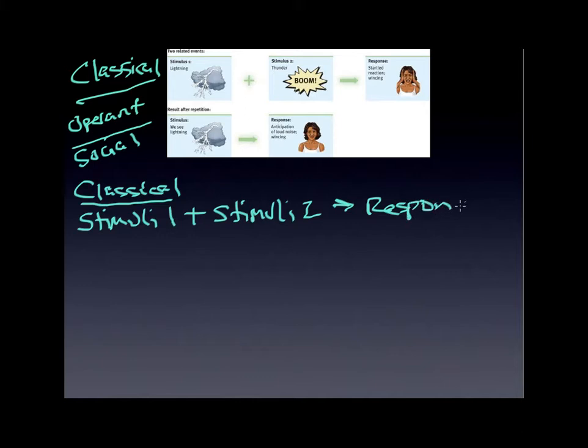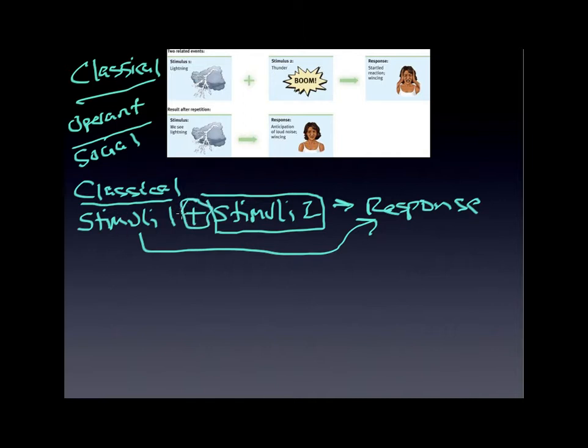Now, this formula, if you will, is the basis on which classical conditioning occurs. What eventually happens is that this stimuli falls away, and what you have is stimuli 1 results in this response.